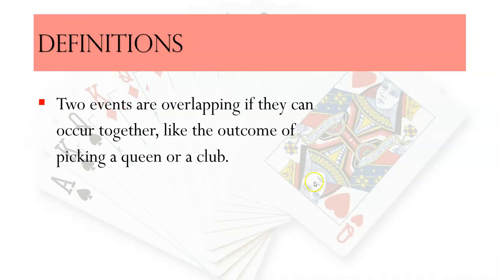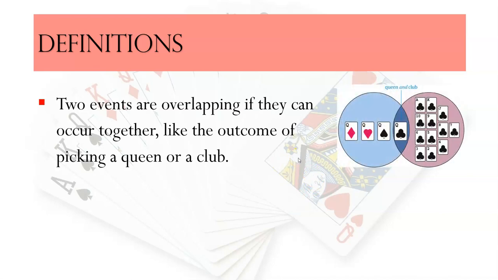Okay, last but not least, you could have overlapping events if you're talking about an or combination. An overlapping event is when the two things can happen at the same time. For example, in this picture, if you are choosing a queen or a club, there's 4 queens to choose from. There's 13 clubs to choose from, but there's the queen of clubs.